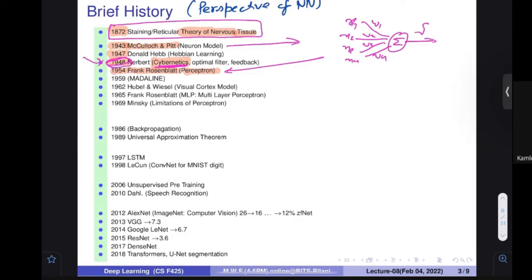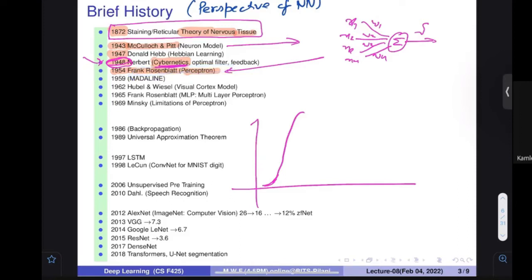After this proposal, many of the newspapers at that time started making hype that we have solved all the problems. Initially the development was very less and people were less excited. But after this, a lot of excitement grew in the community that we can do many things.